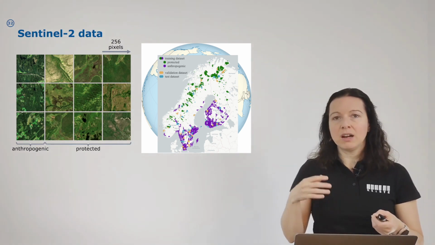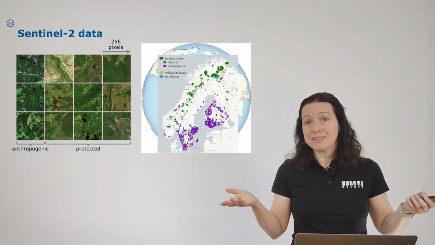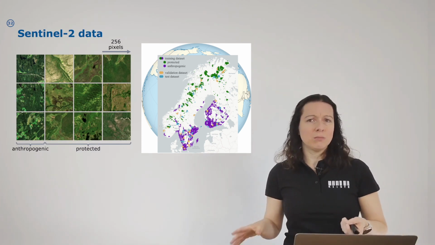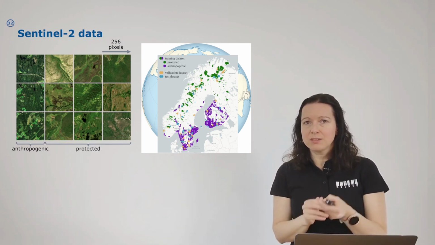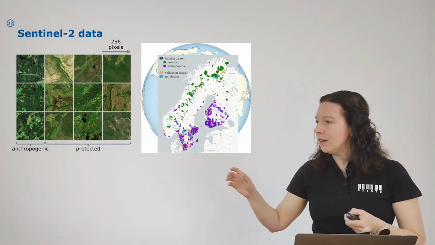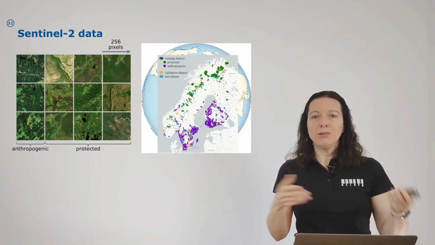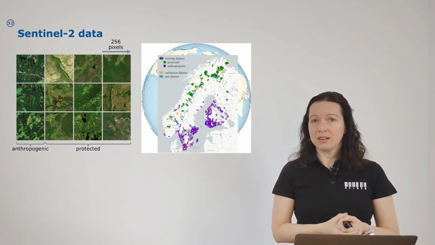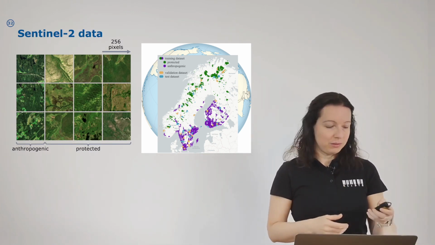So protected areas, they are not so much human influence, in the best case no human influence, and here you would say yes, these images somehow should contain wilderness characteristics and some semantic concepts, and these anthropogenic images here, this is the perfect counterexample of wilderness characteristics. So it should contain other concepts, not wilderness concepts.